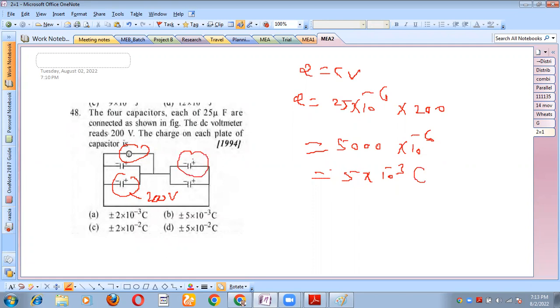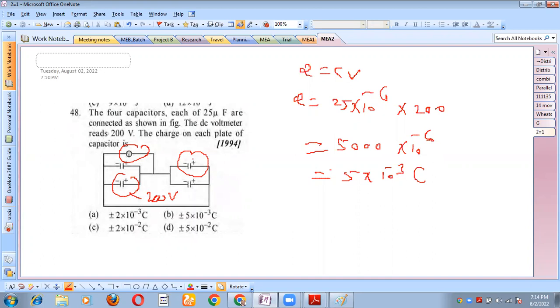What about these capacitors? If you see here, all are in parallel, right? All are basically connected in parallel. The charge on each capacitor will be same, and potential of each capacitor will be same.